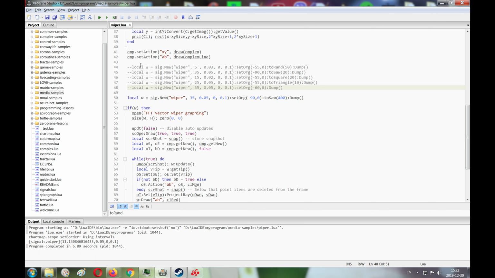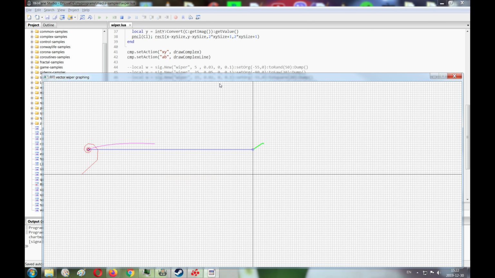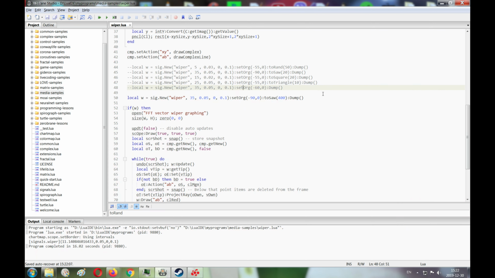Oh, my PC is going to calculate this. This should be very, very accurate. Like so. Let's try a different initializer.